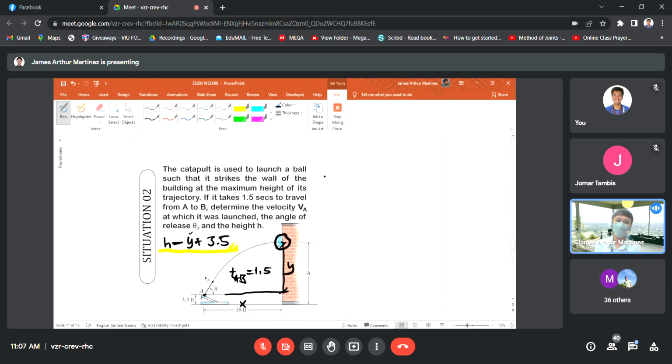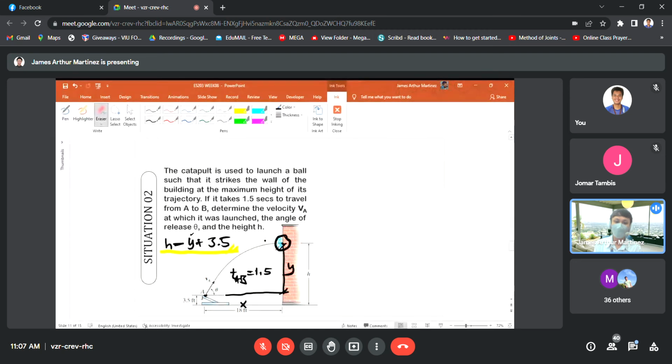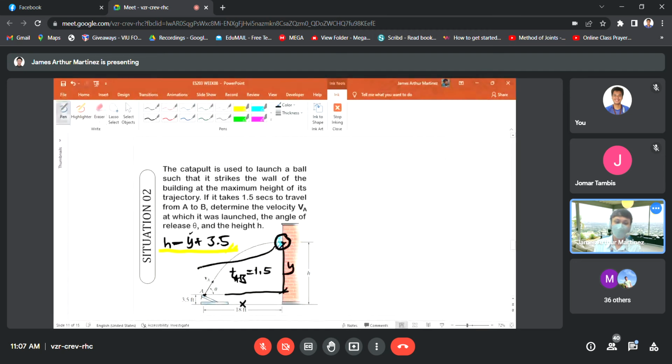Your projectile motion stopped. Therefore, your velocity at point B is equal to 0. So VB is equal to 0. Any questions? Okay, proceed to the solution.